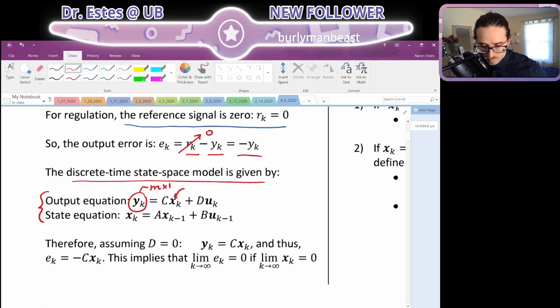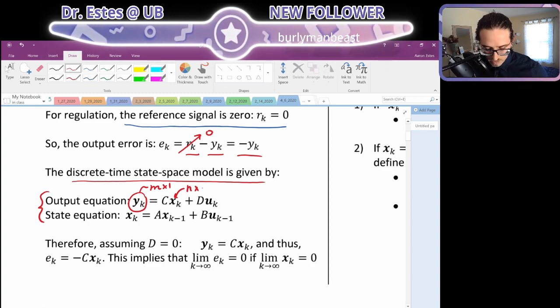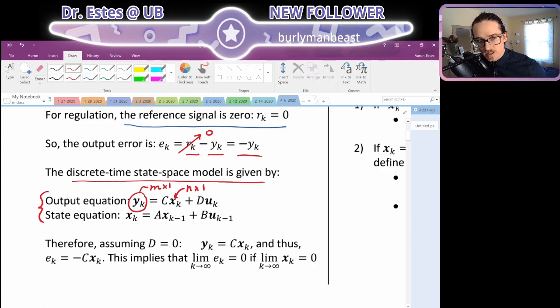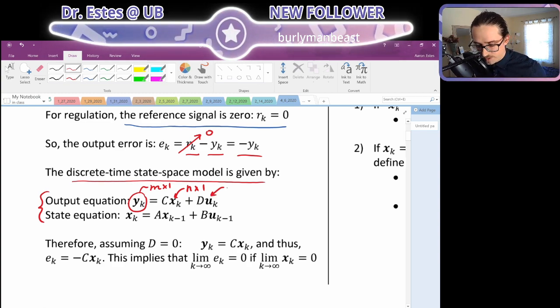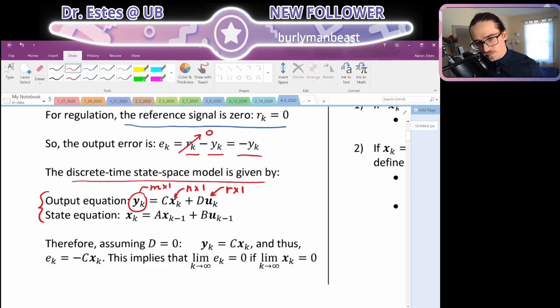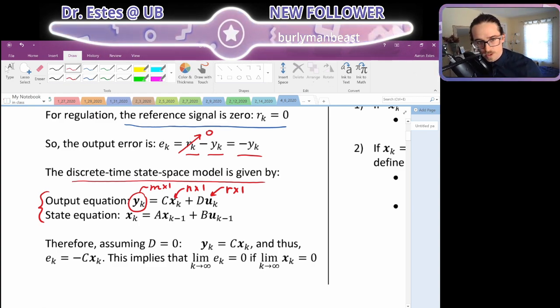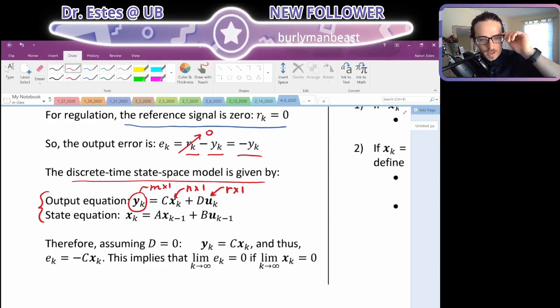X is our vector of states, and we can have n states. The number of states is usually larger than the number of outputs. We have our control input vector, and we could have r inputs. So you could have multiple inputs, multiple outputs, multiple states, okay?